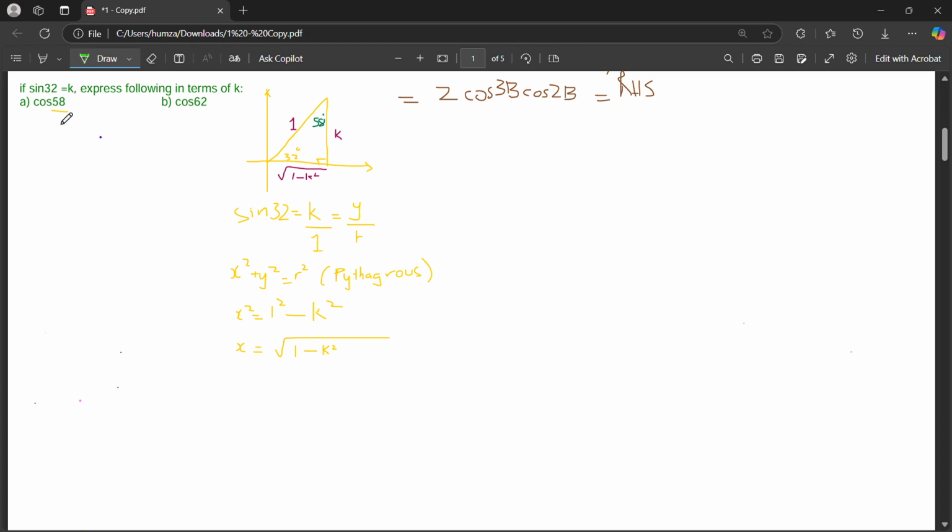Now we are going to go back to the sum. So this is cos 58, and now we have worked out all the angles, so we know the value of all the sides in terms of 58. So cos 58 equals sin 32.